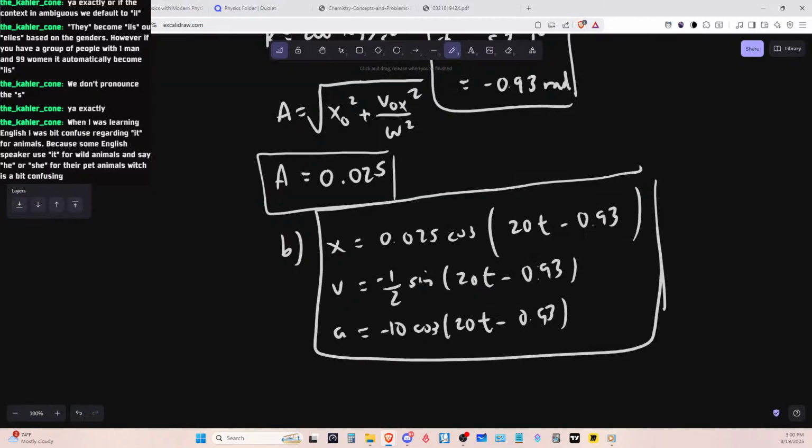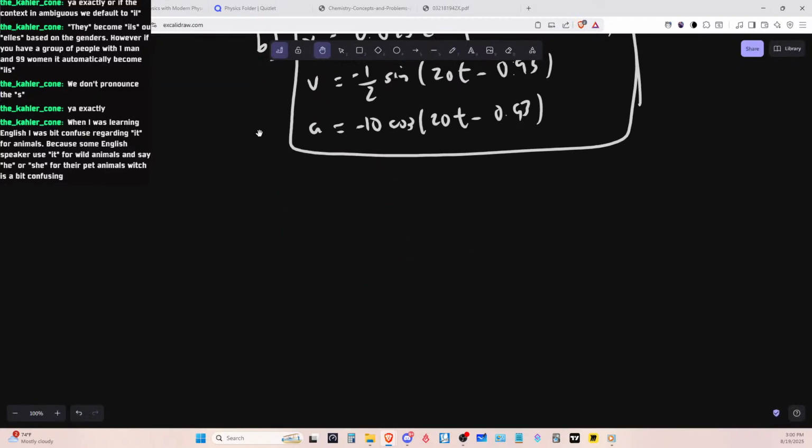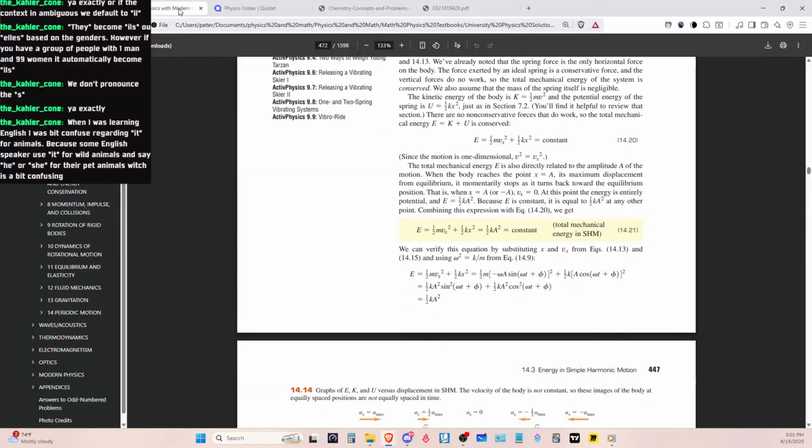I guess we'll just write this formula here. Yeah, I think doing the example problems actually helps my mind absorb the material a little bit better. Energy in simple harmonic motion, because we are learning a little bit about waves and periodic motion.